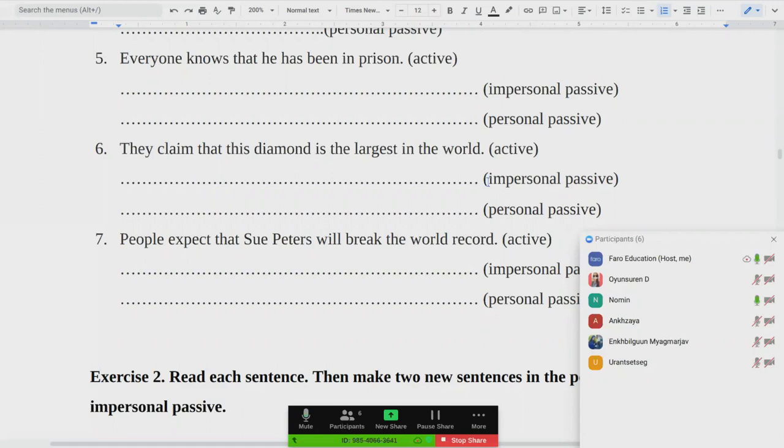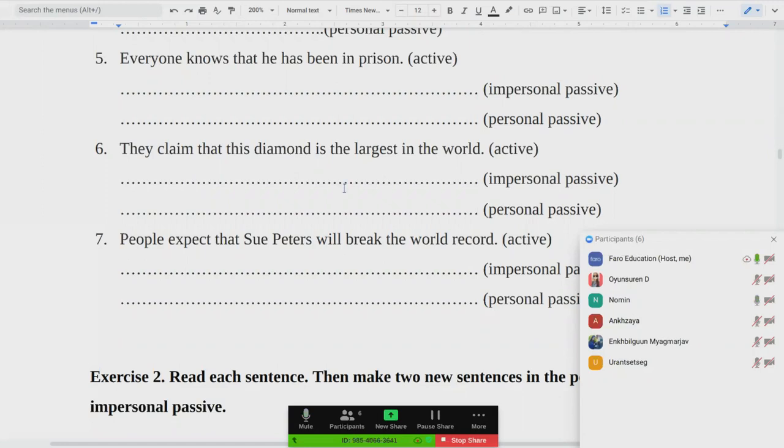Personal passive: this diamond is claimed to be the largest in the world.